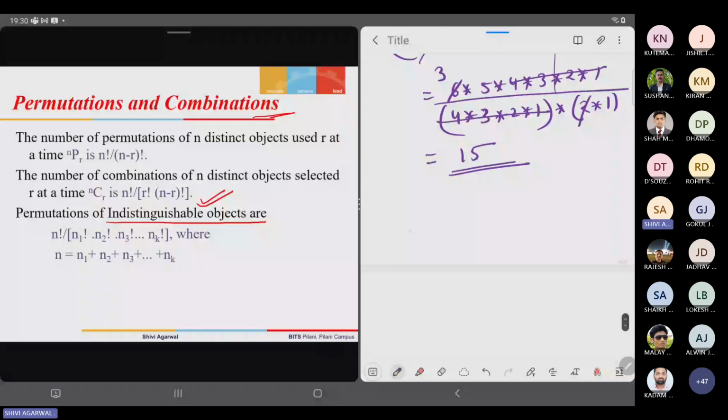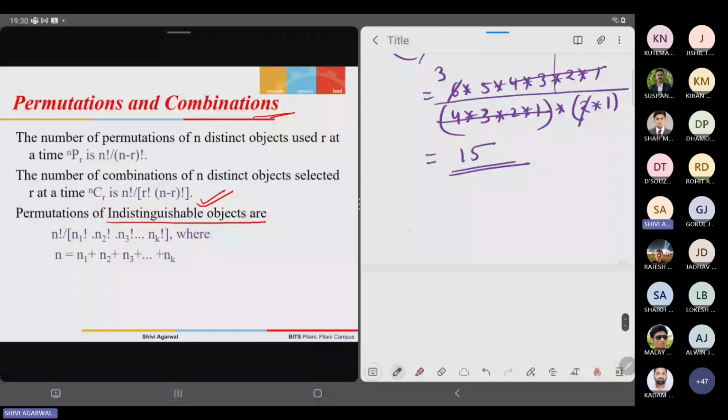Okay, so that is the concept of indistinguishable, because we are considering 10 balls. Here 3 balls are blue, 2 balls are green, and 5 balls are red. If we talk about the red balls, there are 5 balls, no? So we can't distinguish them.